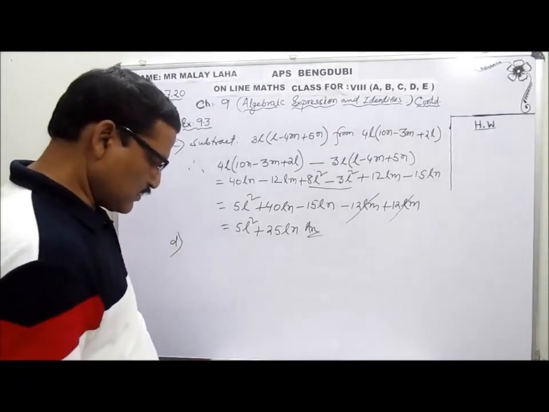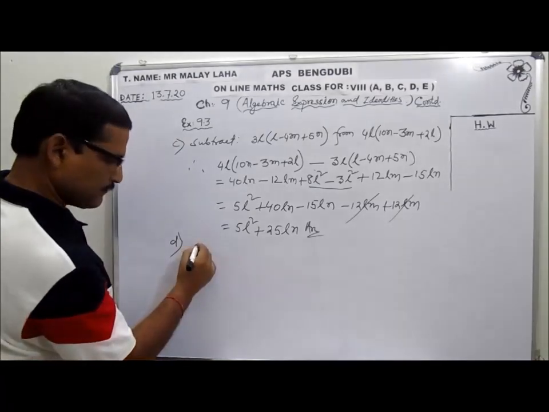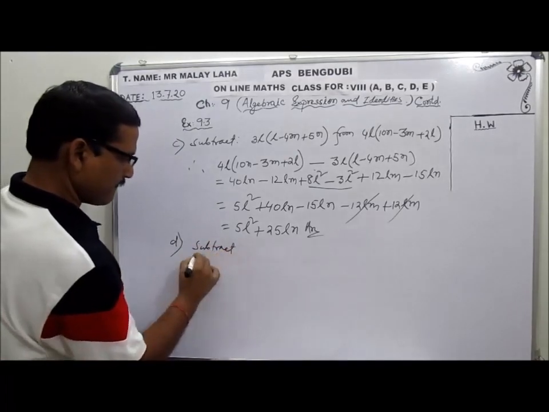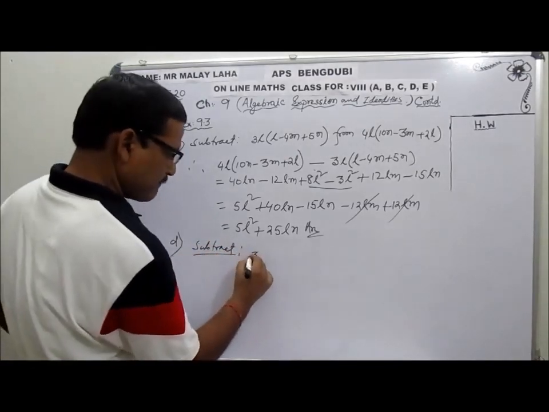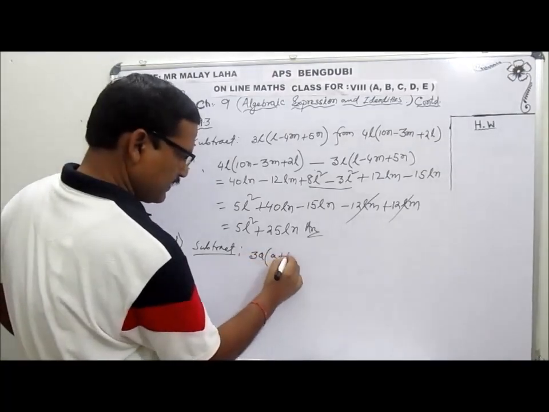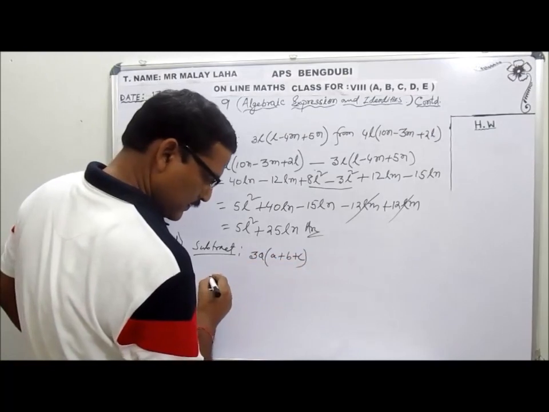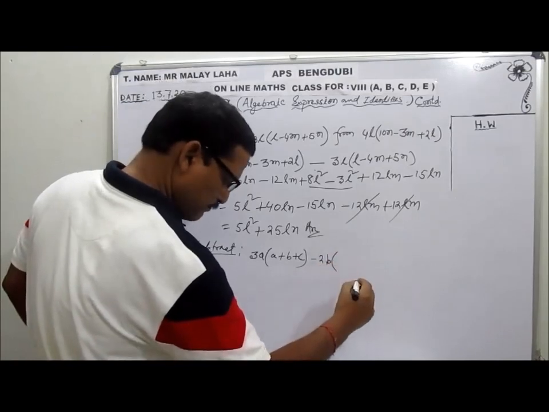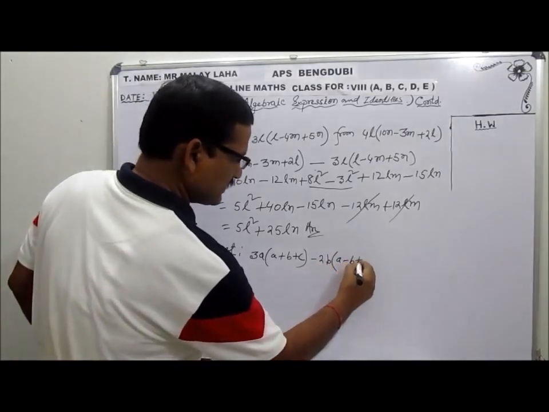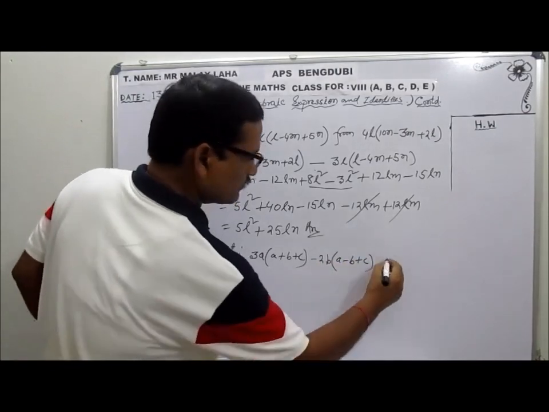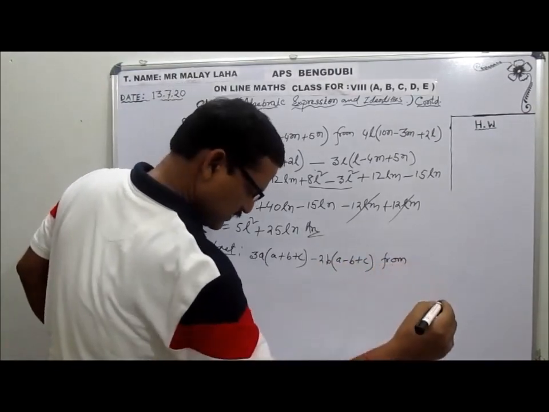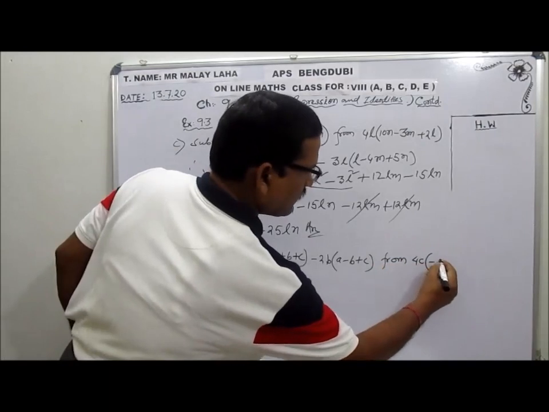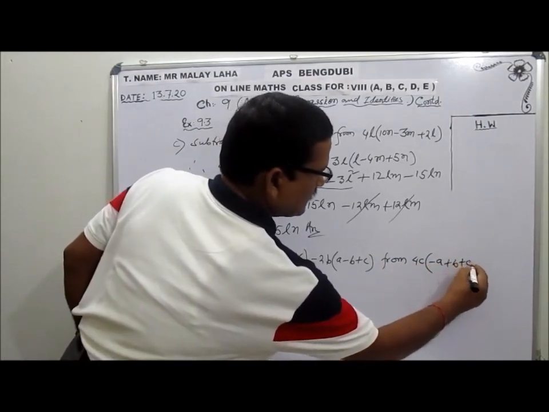Now the last one, subtract. The instruction is subtract 3a plus b plus c, minus 2b, a minus b plus c, from 4c, bracket, minus a plus b plus c.